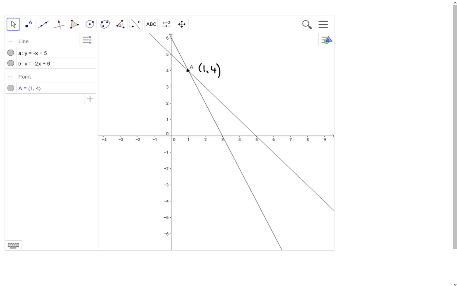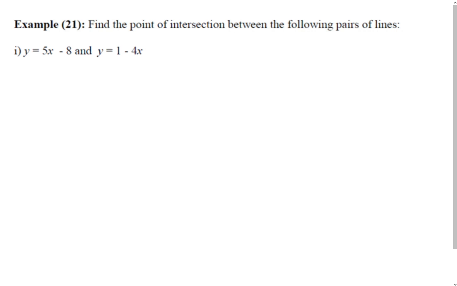Let's find the point of intersection between the following pair of lines. This time we're not going to sketch it, we're just going to solve it algebraically. Normally when doing linear simultaneous equations, we have something like 2x plus 3y equals 12, and 3x minus 3y equals 8, let's say, and then we have to eliminate one of these.